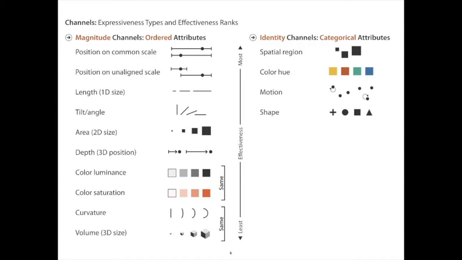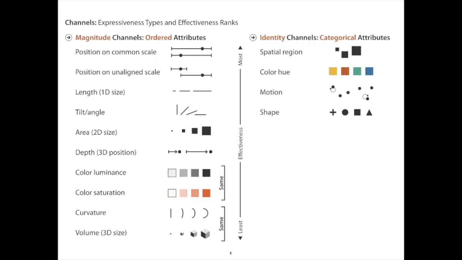So for ordered attributes, if we choose a position on a common scale, so the scale is the same size, and we choose the position of 2 dots, we can easily compare those positions, and therefore it's a very effective channel for ordered attributes. The second most effective is the position on an unaligned scale.